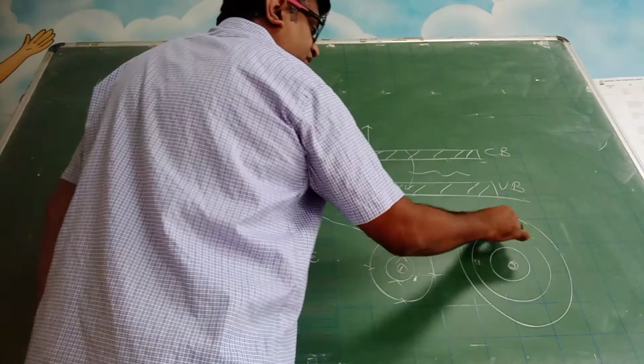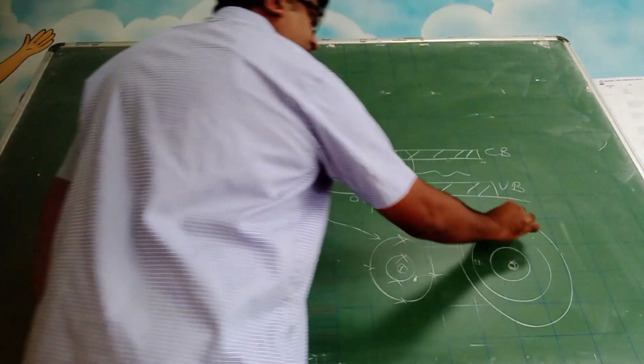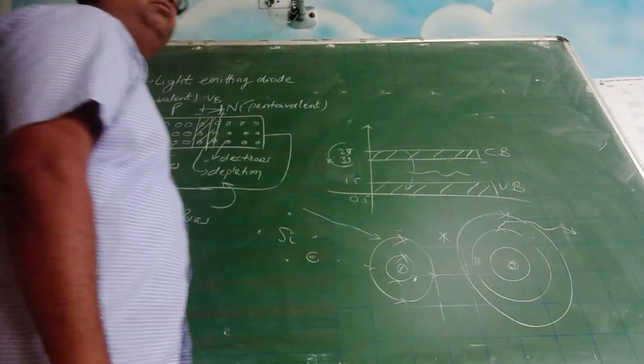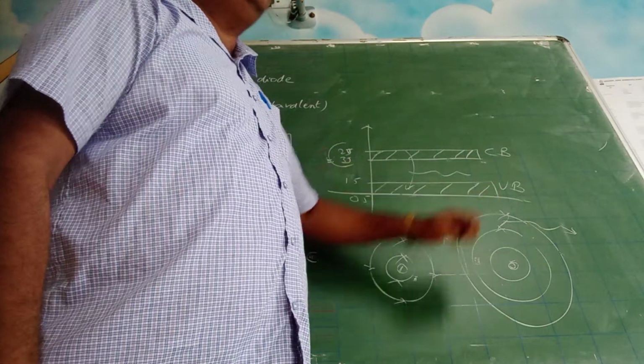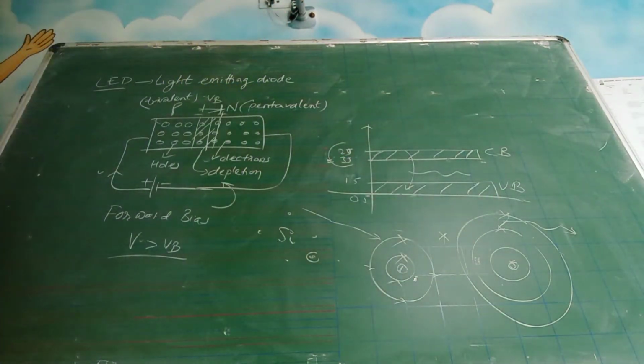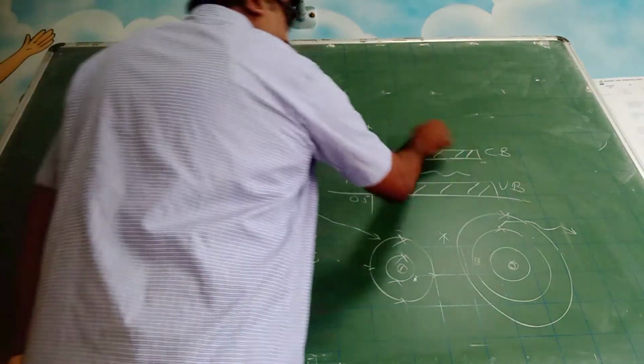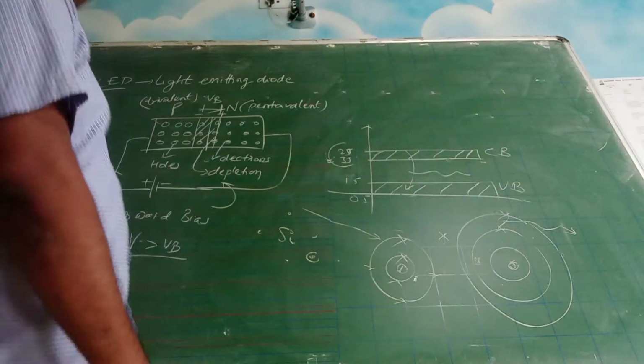From here to here, if the electron is coming, it is emitting photons, because the energy of the third level is more than the energy of the second shell. So that balance of energy is emitted as a photon. Okay. So a photon will have its own frequency, right? So just recollect what we have discussed over there.